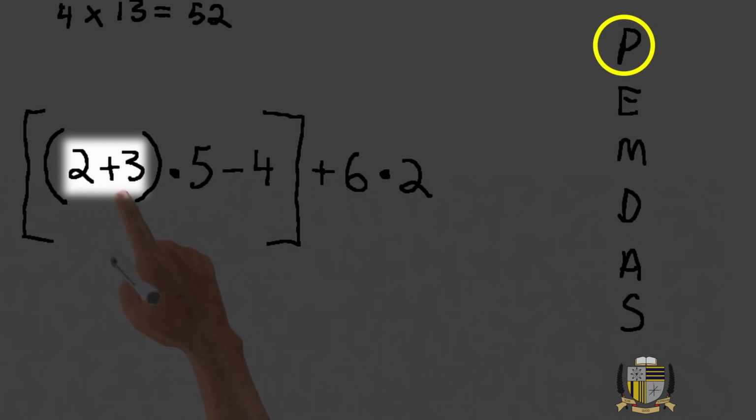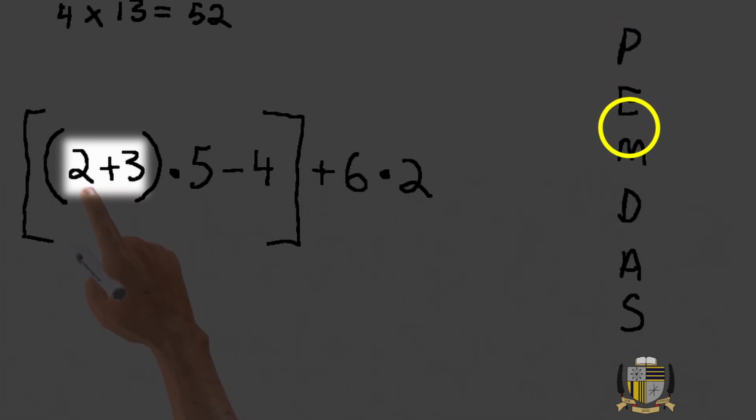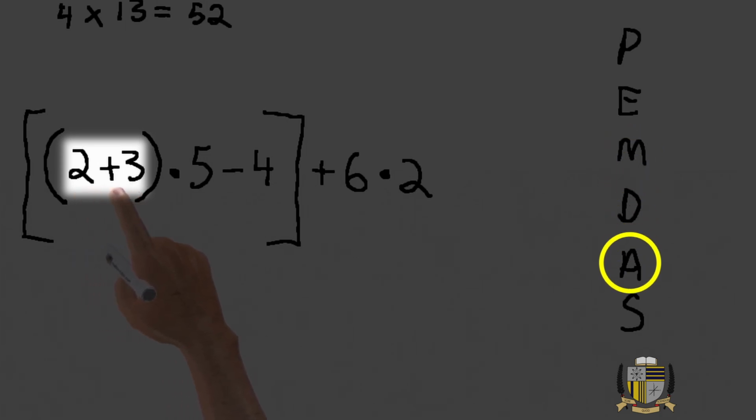Do we see any parentheses inside here? No. Any exponents? No. Multiplication? No. Division? No. Addition? Yes. We see addition in here. So it's going to be 2 plus 3.